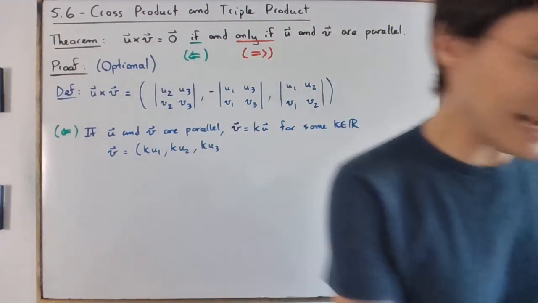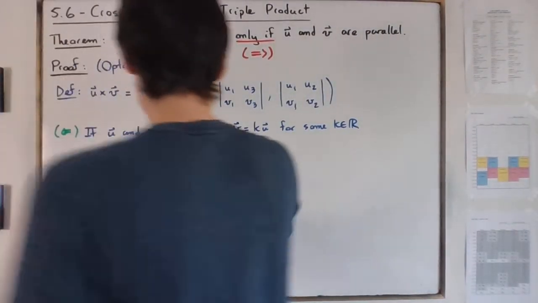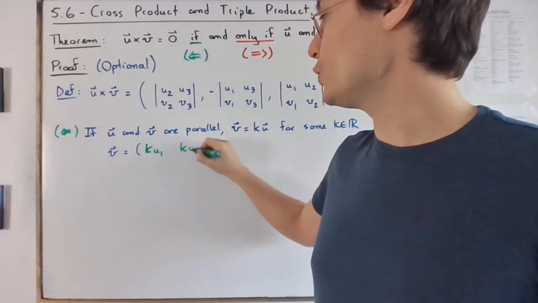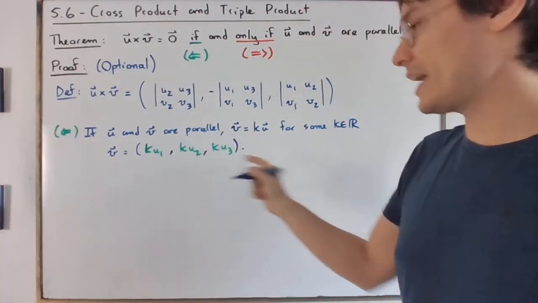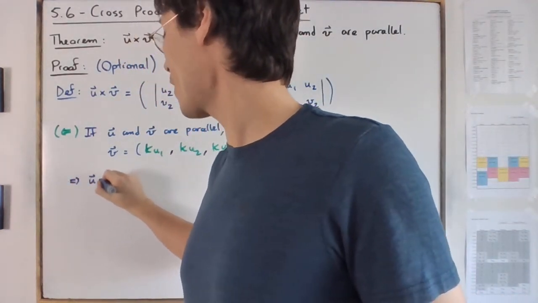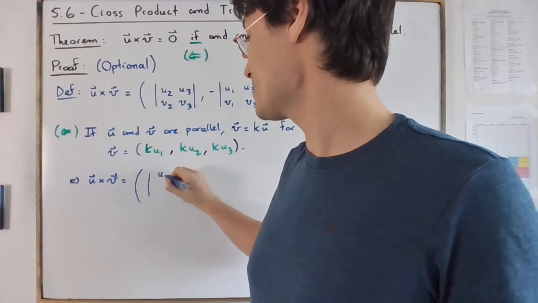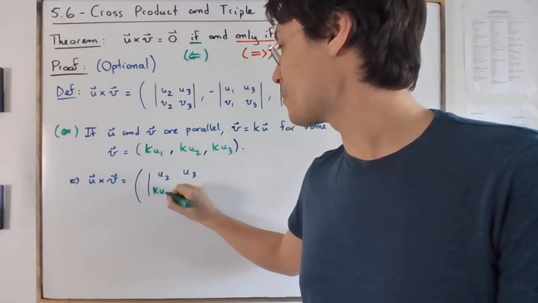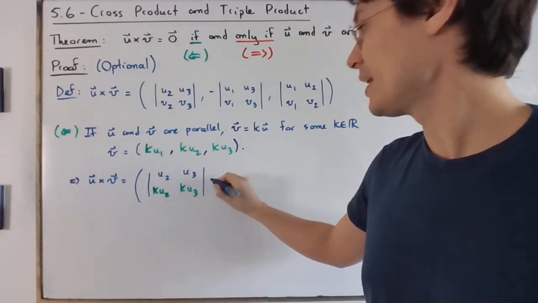Let's write that in green, because what I'm going to do next is plug this into my cross product formula. So we have k u1, k u2, and k u3. We replace in here, so u cross v will be equal to, and now we just write the determinants: u2, u3, and every time I hit v's, I replace by these components, k u2, k u3.